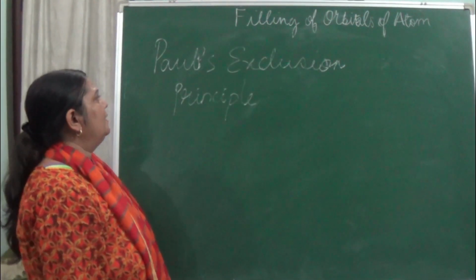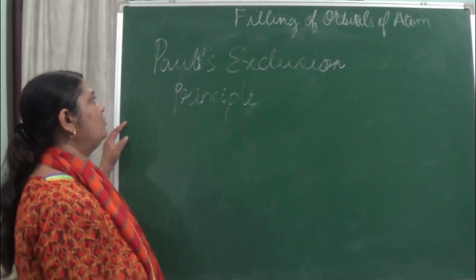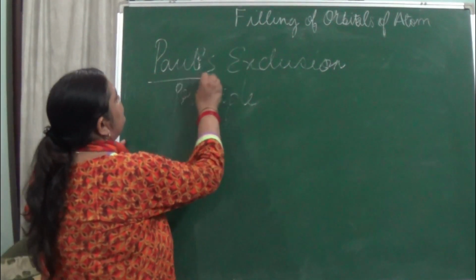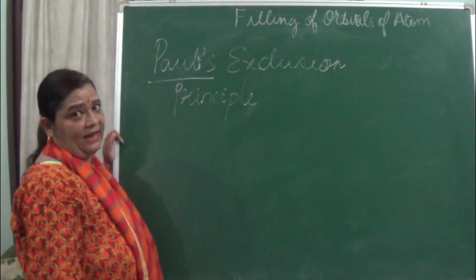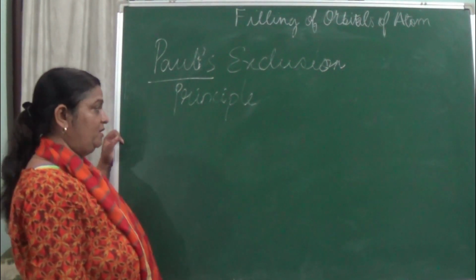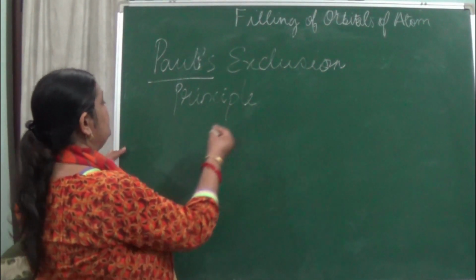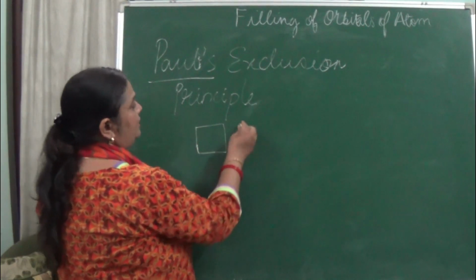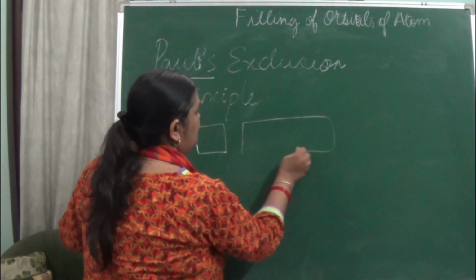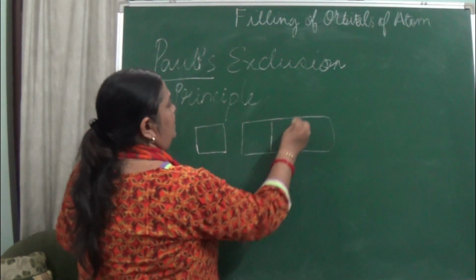Now, Pauli's exclusion principle. What does Pauli say about his principle? He said that no orbital can have electrons with the same set of 4 quantum numbers. Suppose s can have 2 electrons, and p has 3 orbitals.